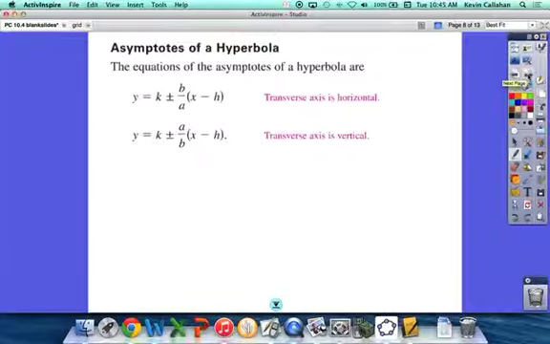You could think of it like y minus k equals plus or minus b over a times x minus h. Wherever you have an x, subtract h. Wherever you have a y, subtract k. And now to solve for y, that k ends up being there.